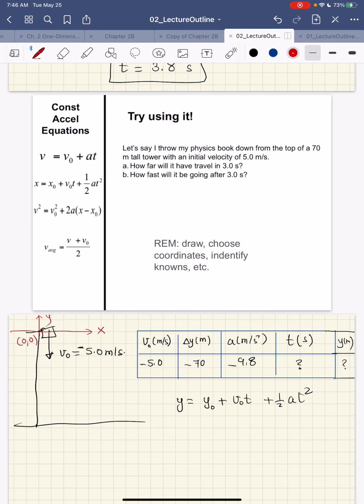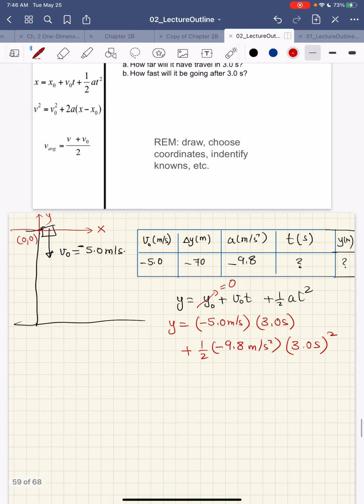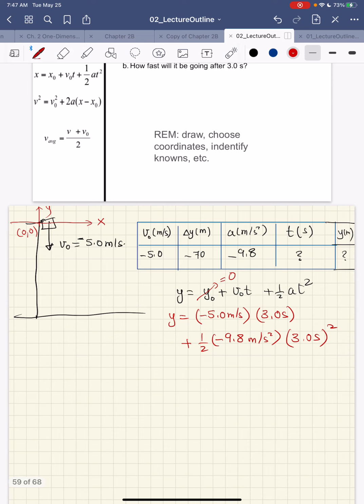Then this is my 0, 0, then my y0 is 0. And negative 5 times 3 seconds, plus 1/2 negative 9.8 times 3 seconds squared. Here I have to find 5 times 3 first, then it's going to be y negative 15 meters, and here negative.